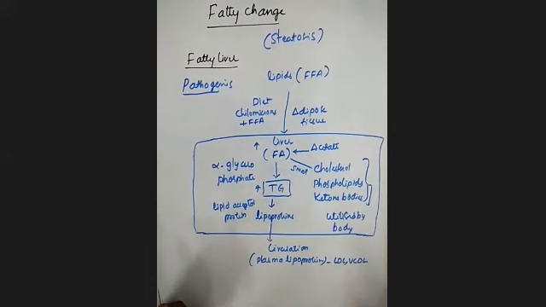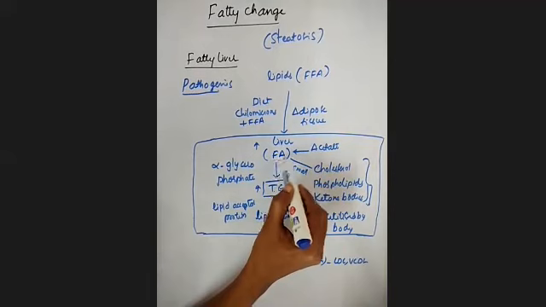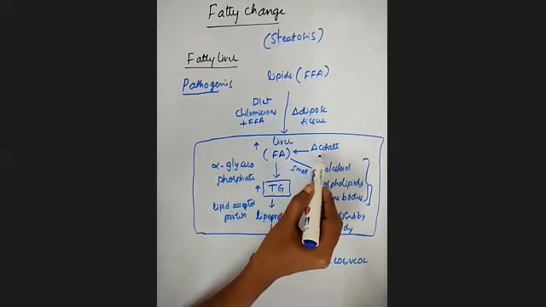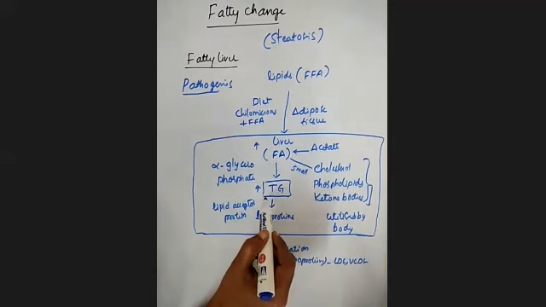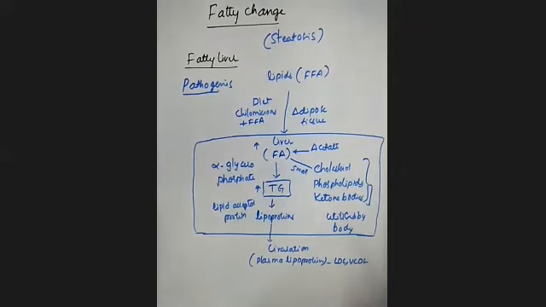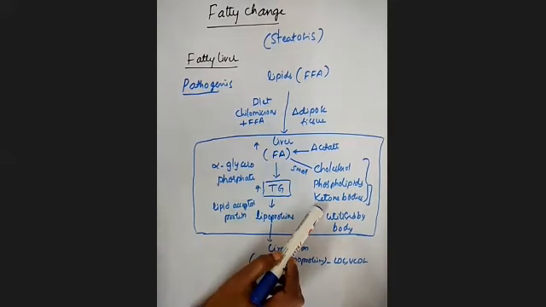Clear? And next one is increased synthesis of fatty acids inside the liver with the help of acetate. If this fatty acid synthesis is increased, then the triglyceride levels inside the liver also increase. And next one is decreased conversion of these fatty acids into ketone bodies.